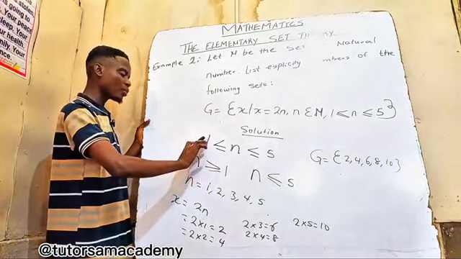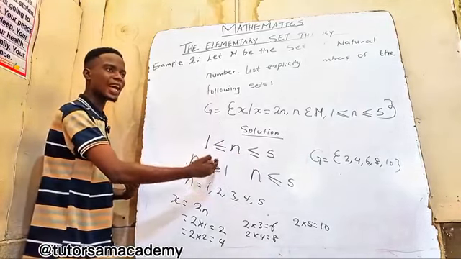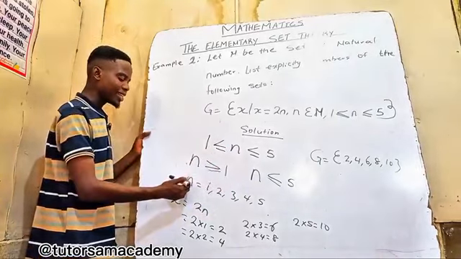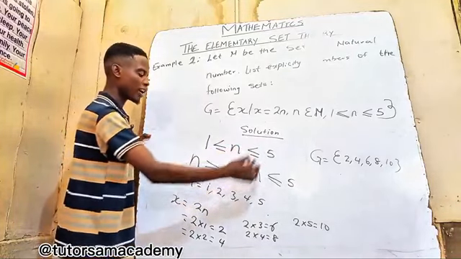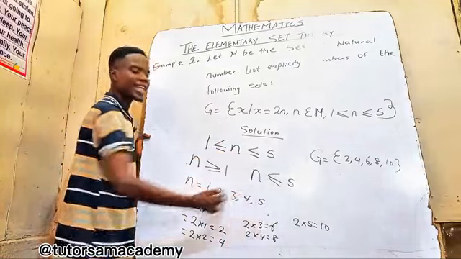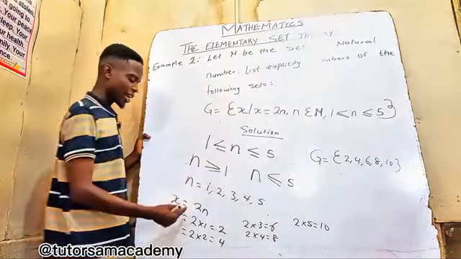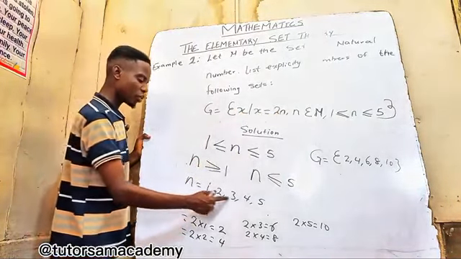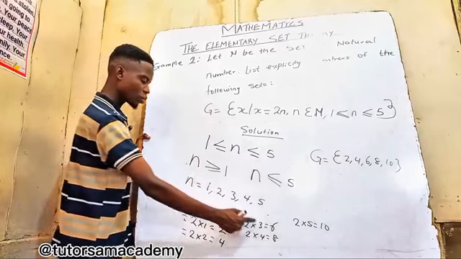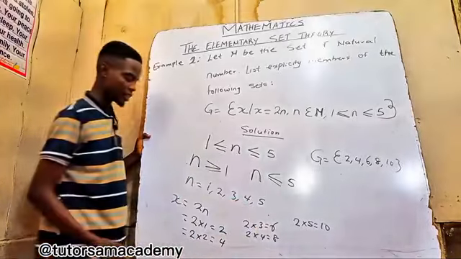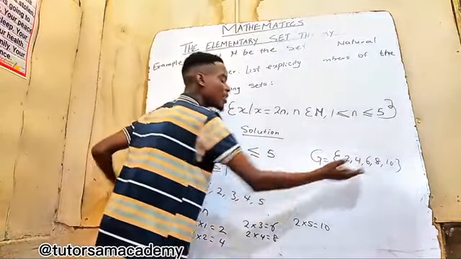When they said 1 is less or equal to n, starting with n, it will be n is greater or equal to 1, that is, n starts from 1, and n is less or equal to 5. So this is my n. For me to get x equal to 2n, anywhere I see n, I put each of these: 1, 2, 3, 4, and 5 respectively. So this is 2, 4, 6, 8, and 10. So these are elements of set G.